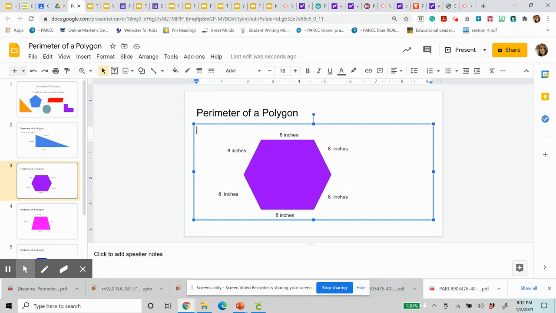Here's our repeated addition. 8 plus 8 plus 8 plus 8 plus 8. We have 1, 2, 3, 4, 5. And we need one more. Okay, equals. So we want to solve this equation.